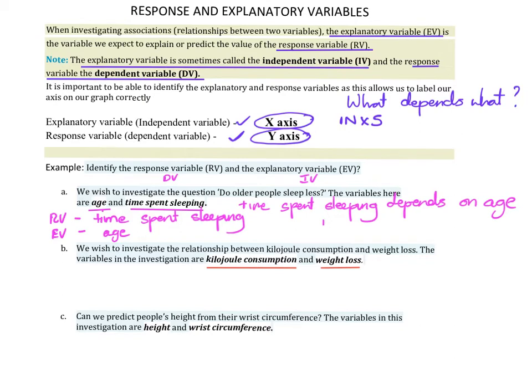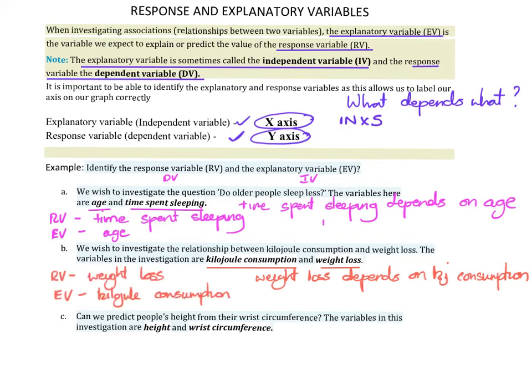Hopefully, again, you can see that weight loss depends on kilojoule consumption. So if weight loss depends on the kilojoule consumption, it is the dependent, or it is the response variable, and therefore kilojoule consumption would be independent, or the explanatory variable.